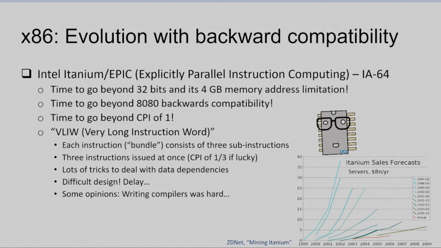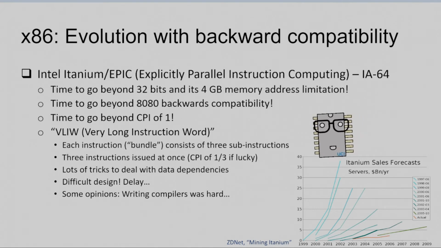But the bottom line was that in the EPIC ISA, each instruction, which so far had encoded one thing to do, was now called a bundle, and each bundle consisted of 3 sub-instructions. These 3 instructions were issued at once.